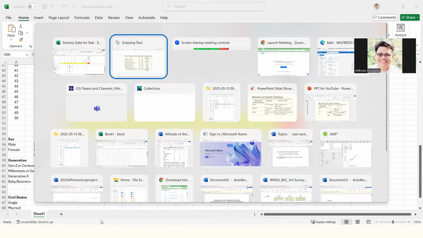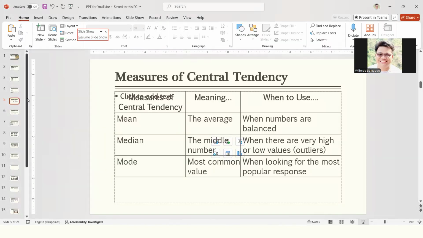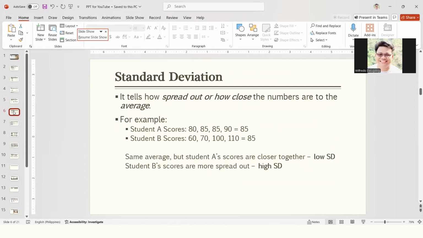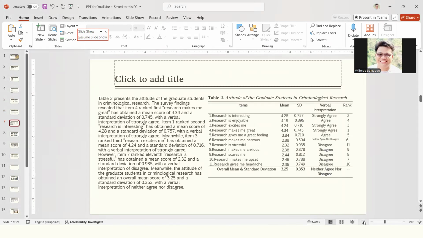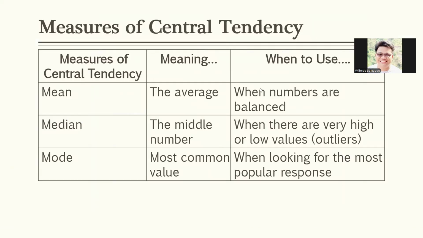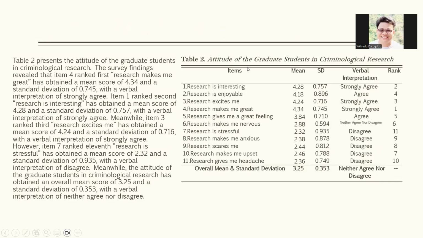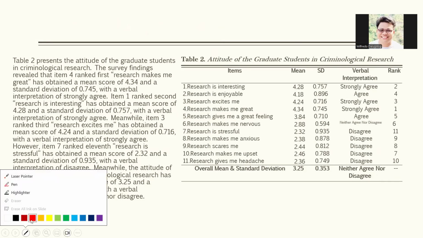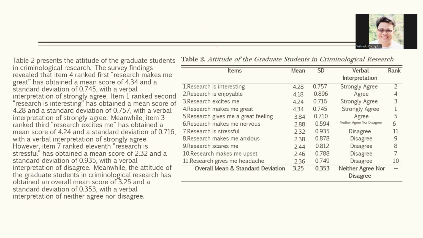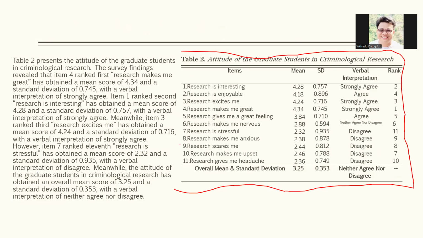Let me go back to the table. After ranking the mean score, you can observe on this table that there are 11 indicators or 11 items for the respondents.